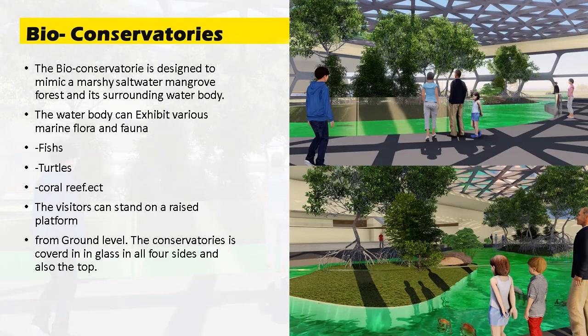The visitors will be standing on a raised platform, and they can view this area, and the conservatory is covered in glass on all 3 sides and also the top roof, so that the sunlight can enter maximum and will give a feeling of outdoor area to the visitors.